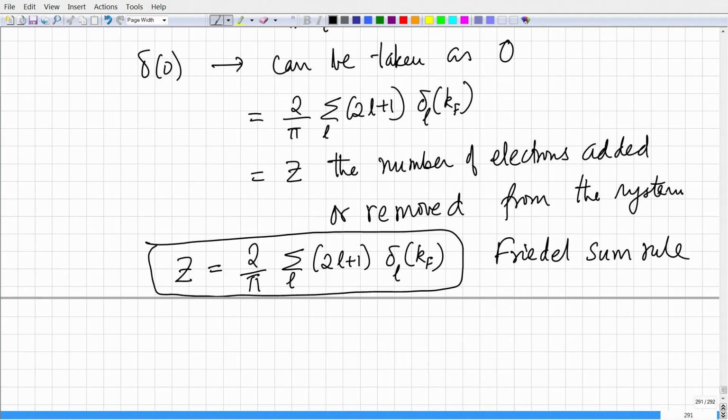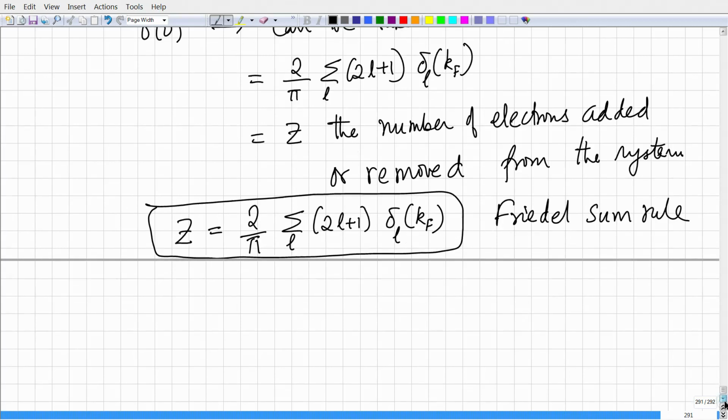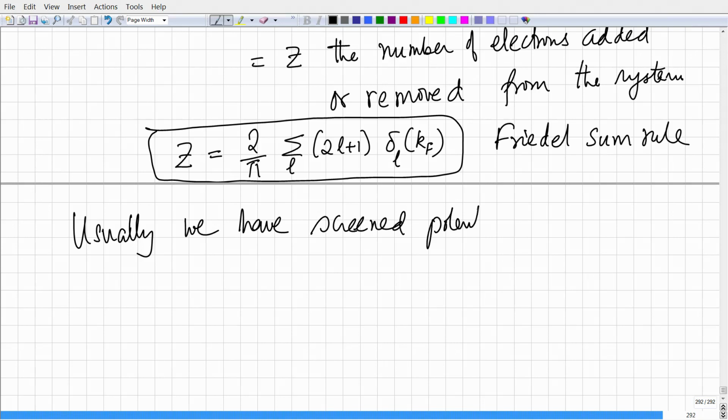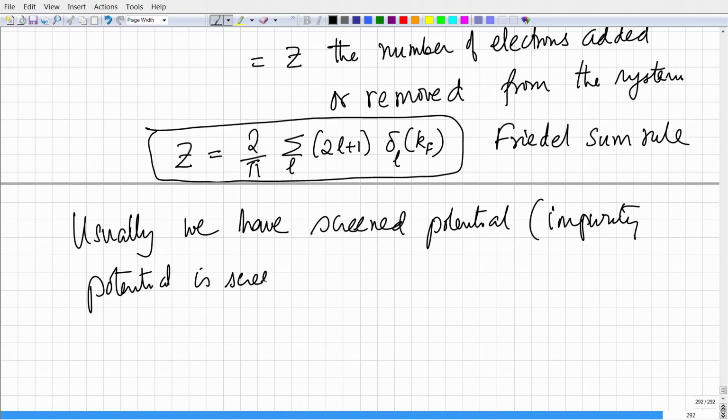What one usually does is that you have a screened potential. So, usually we have screened potentials due to impurity, that is, the impurity potential is screened. Let us assume the screening parameter is lambda.